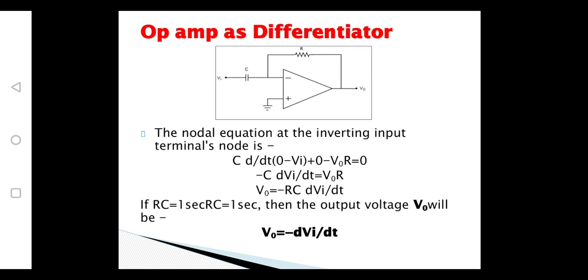Along with the basic operations, we know that an op-amp can also be used to perform different mathematical operations such as integration and differentiation. So, let us start our topic with how an op-amp can be used as a differentiator circuit.